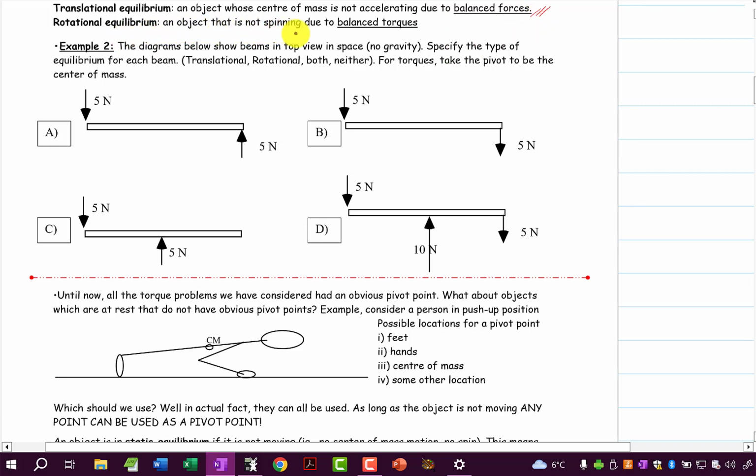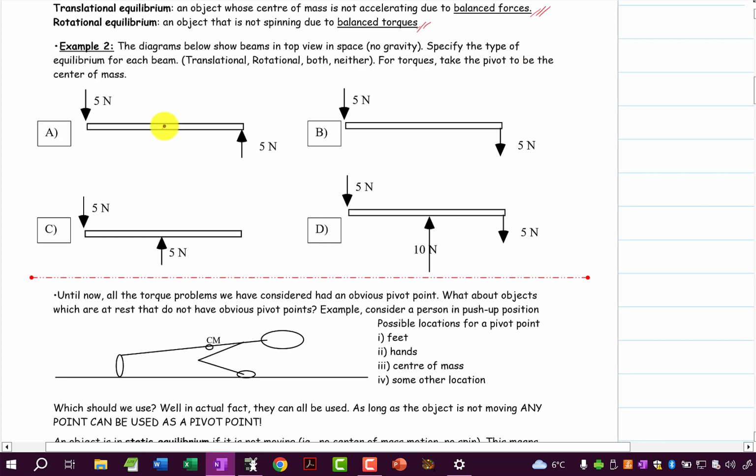Rotational equilibrium: it's not spinning because the torques are balanced. In example number 2, the diagrams below show beams in the top view in space, no gravity. Specify the type of equilibrium that each is in: translational, rotational, both, or neither. For torques, please take the pivot point to be the center of mass.